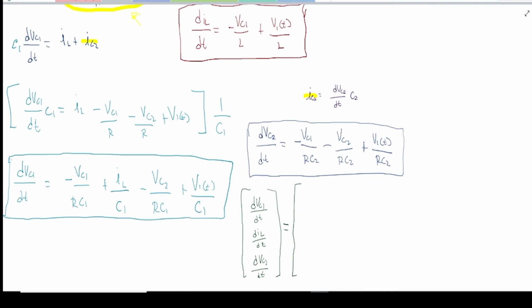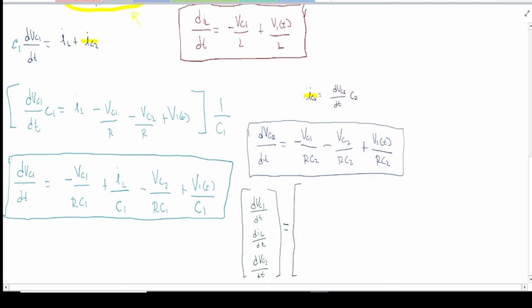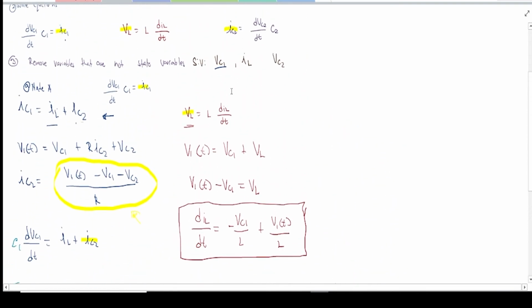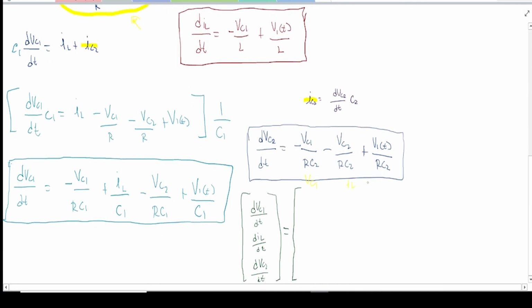So, okay, let's make it in yellow. This one would be for VC1. And then, again, the state variables, IL, and then VC2. Okay.